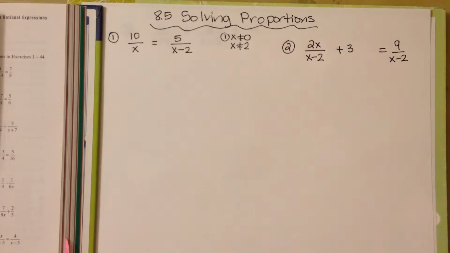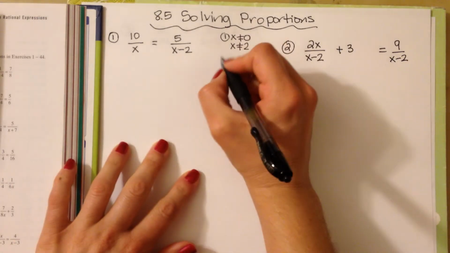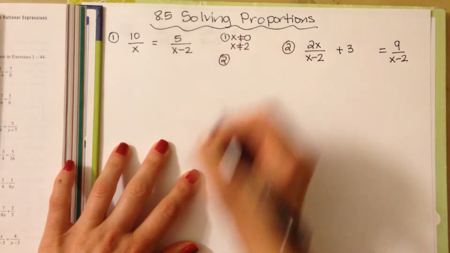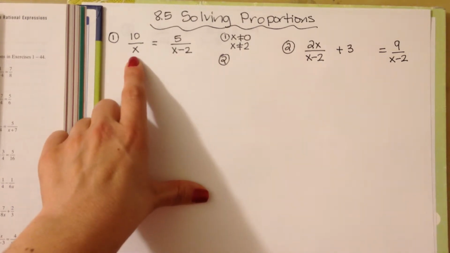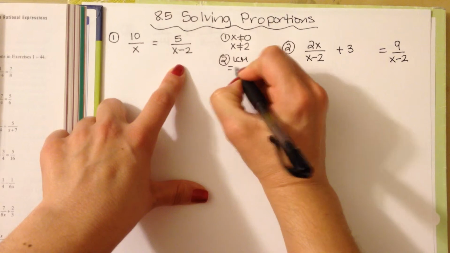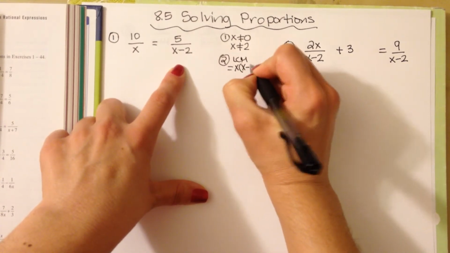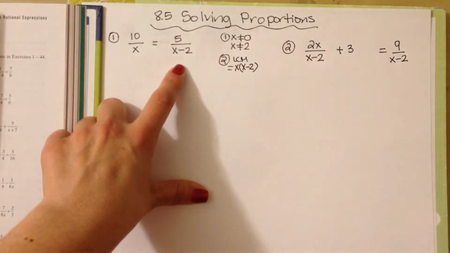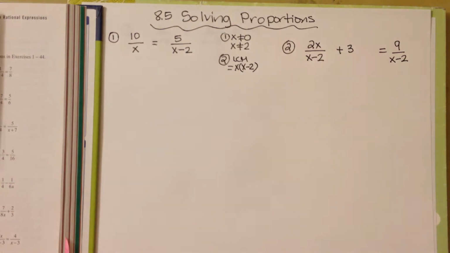Step 2 is you want to find your LCD or LCM. So in this case, our LCM is x times x minus 2. And what we're going to do with the LCM is multiply both sides of the equation by the LCM, and that way we can eliminate the fractions.